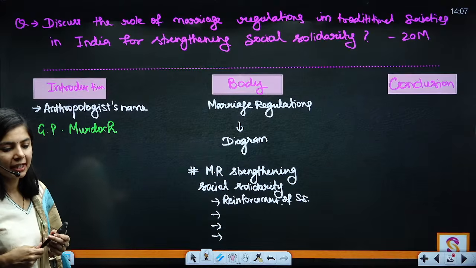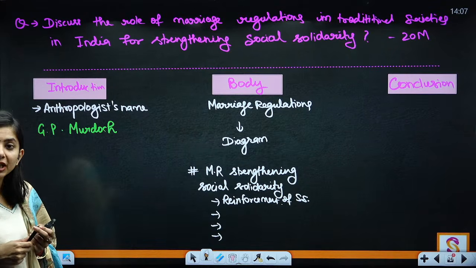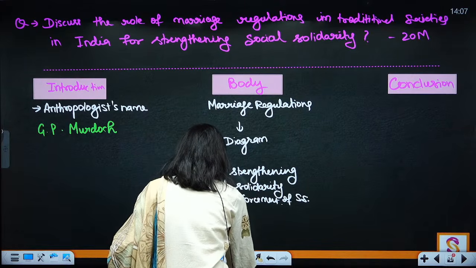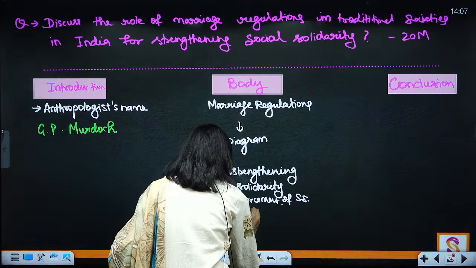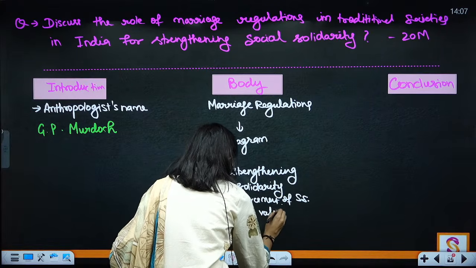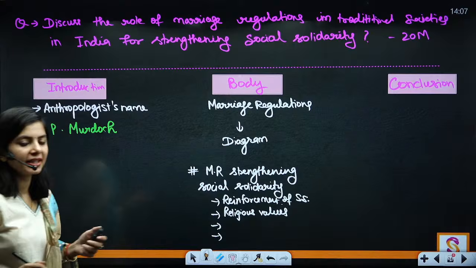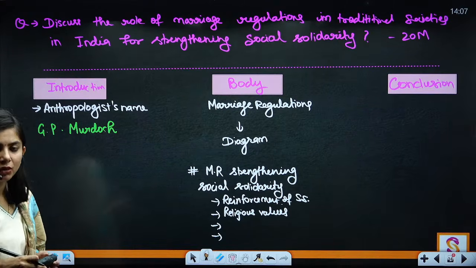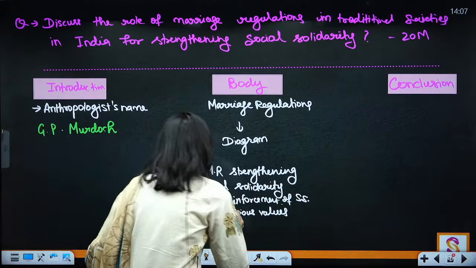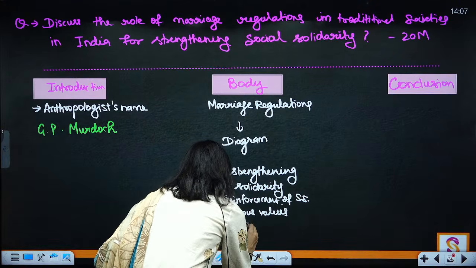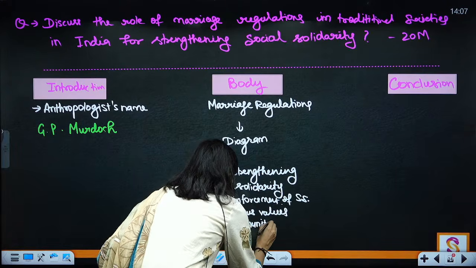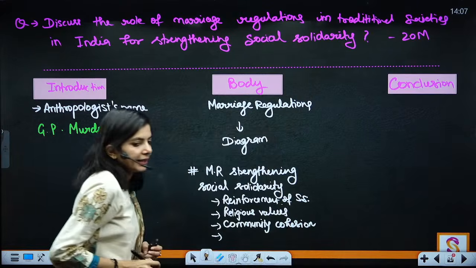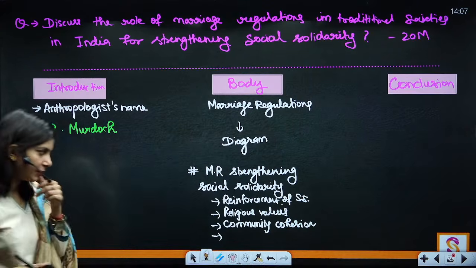It is presenting some sort of religious values. It is mentioning the community cohesion and the kinship network.